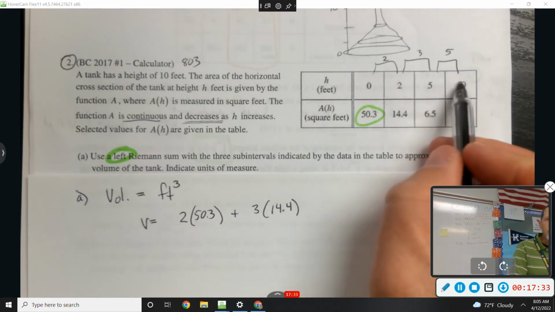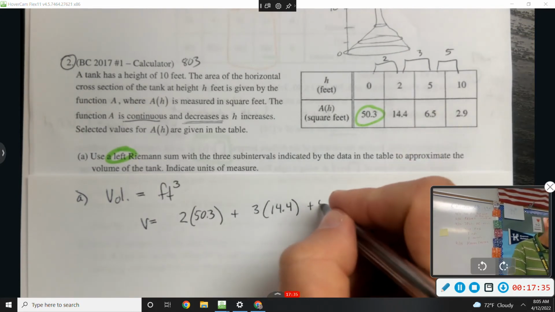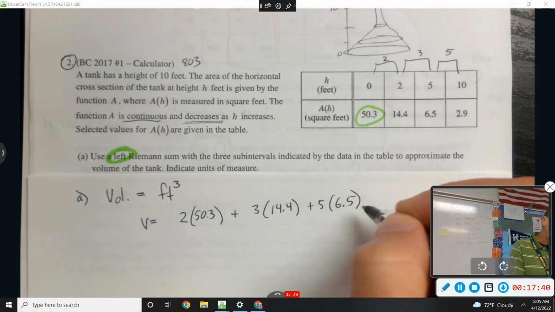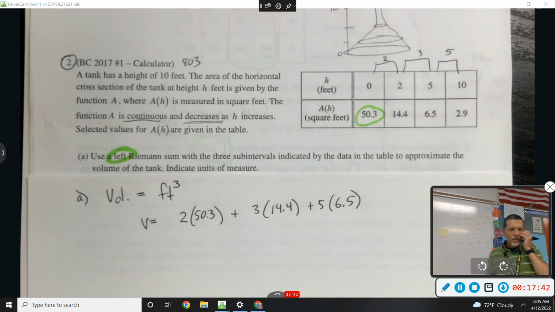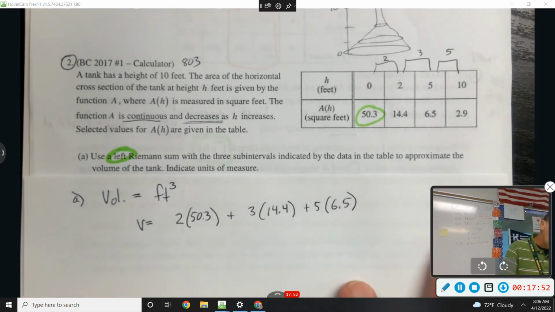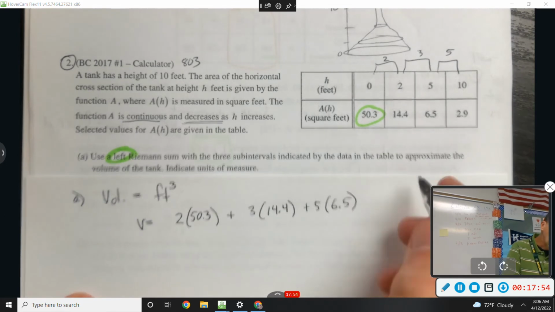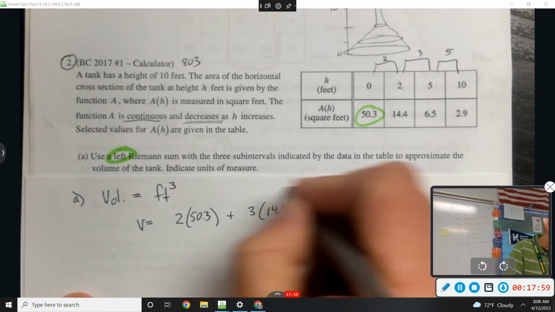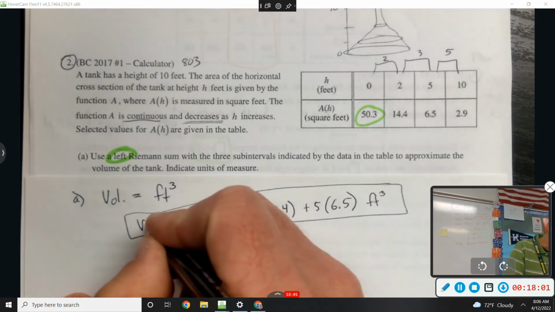And the next width is 5, and again, we use the left-hand value of 6.5. Now, this is a calculator question, so it wouldn't be hard to get an actual answer, but a safe stop is still okay. If you don't want to take the time to punch things in, leave that alone and move on. Okay, so we're done with this one. There's our approximate volume.